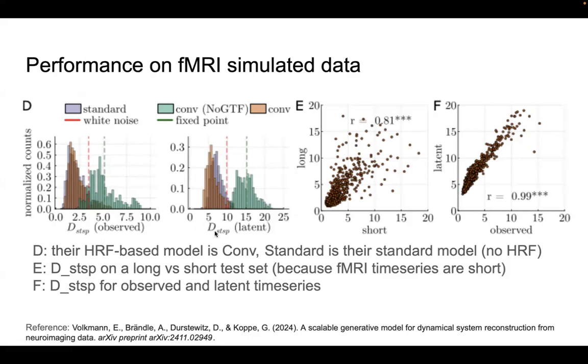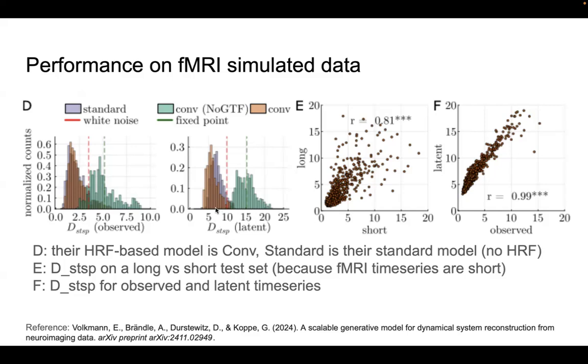This is for both the observed data and the latent data, because we know both for the simulated data. What's interesting here is that for the observed data, their standard model actually does as well, it seems, as the model with the HRF. But when we look at the latent time series, so the actual neural activity, the conv SSM does a little bit better.